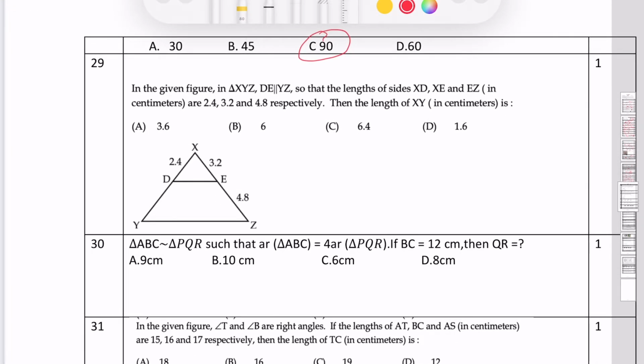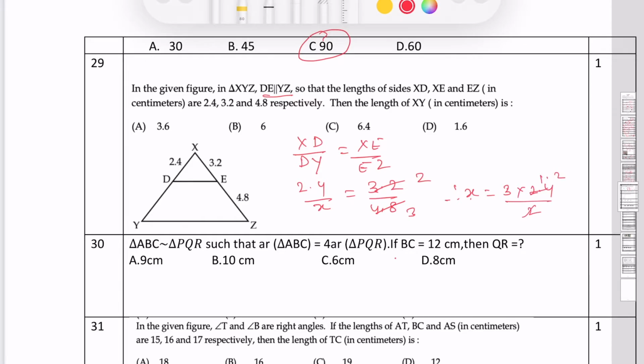Question number 29, we know that if DE is parallel to YZ, that means XD by DY is XE by EZ, and we take the ratio, you will see 3.2, 4.8, if you cancel it is 2 by 3, that means x will be 3 into 2.4 by 2, that is 3.6.